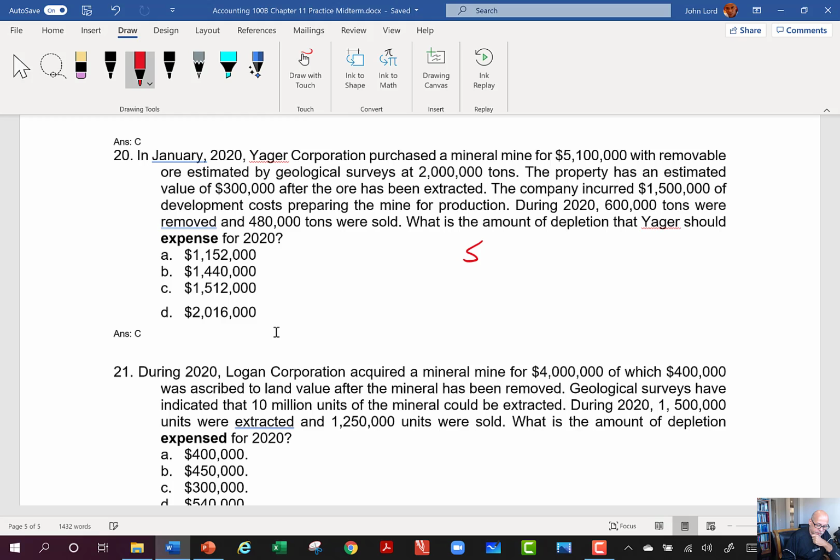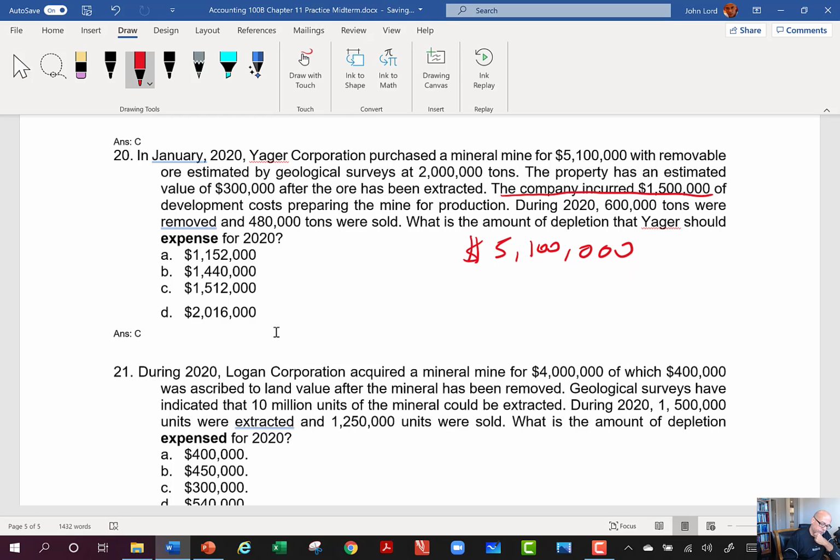And so what happens? I've got this $5,100,000 that I had to pay for the property. The property has an estimated value of $300,000, so I can sell it back to somebody after I'm done with this. Actually, let me wait on that $300,000; I'll show you what to do with that in a minute.